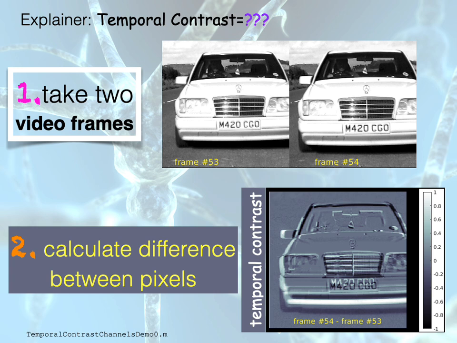At the right side of the temporal contrast image, you might see the color bar with attached values. These values indicate how big the difference between the pixels is at each position. So you see a lot of gray and some white regions and some black regions. The white regions mean positive values.